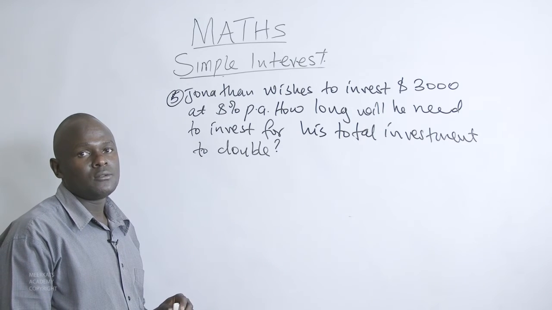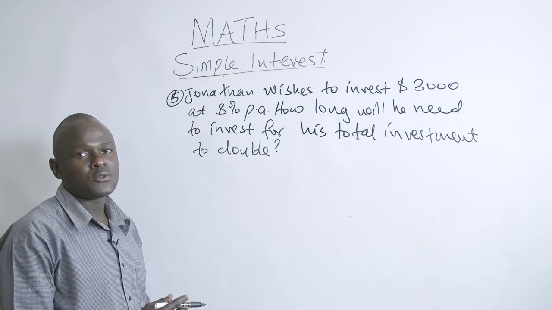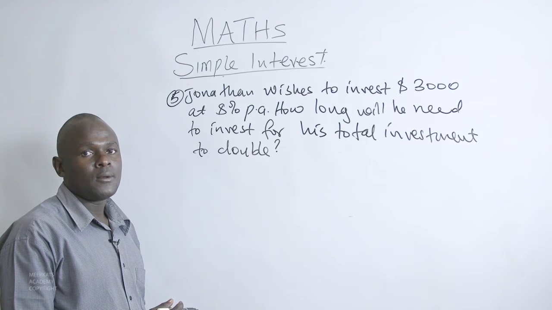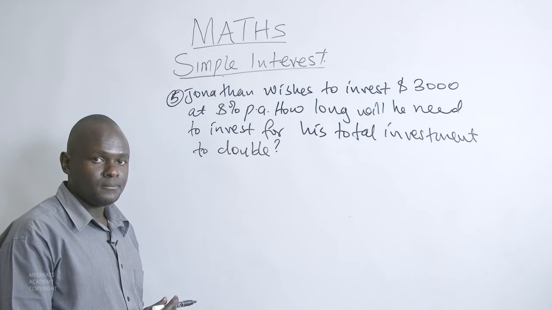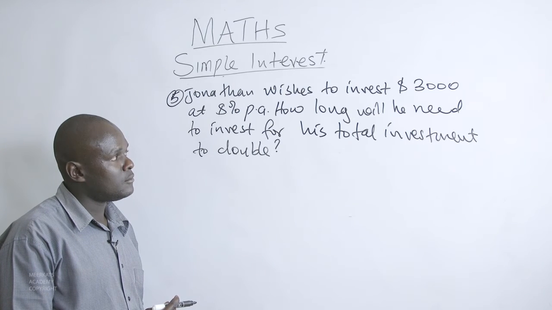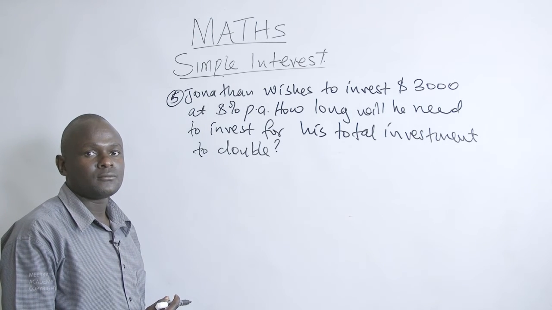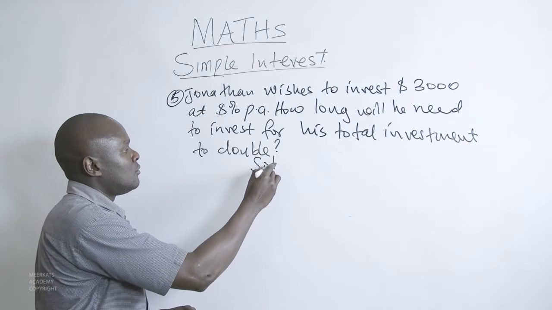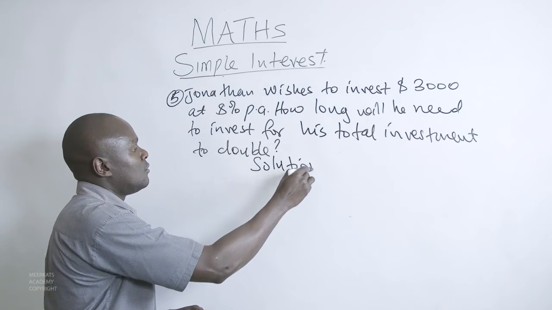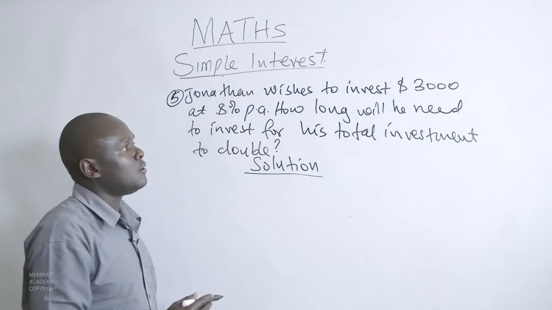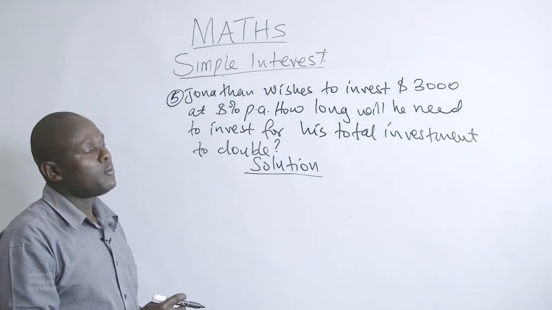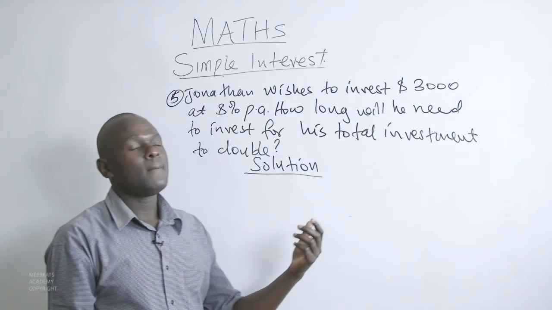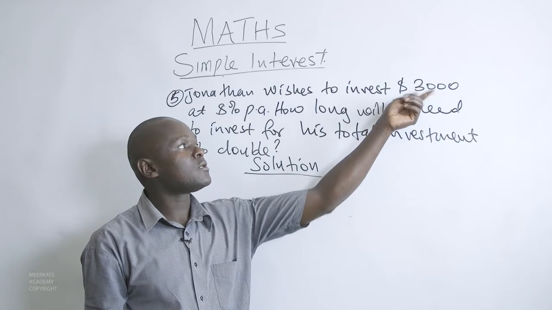This is a question that requires us to calculate the period denoted by the letter N. For the investment to double, remember the investment is the principal amount, which is 3,000.